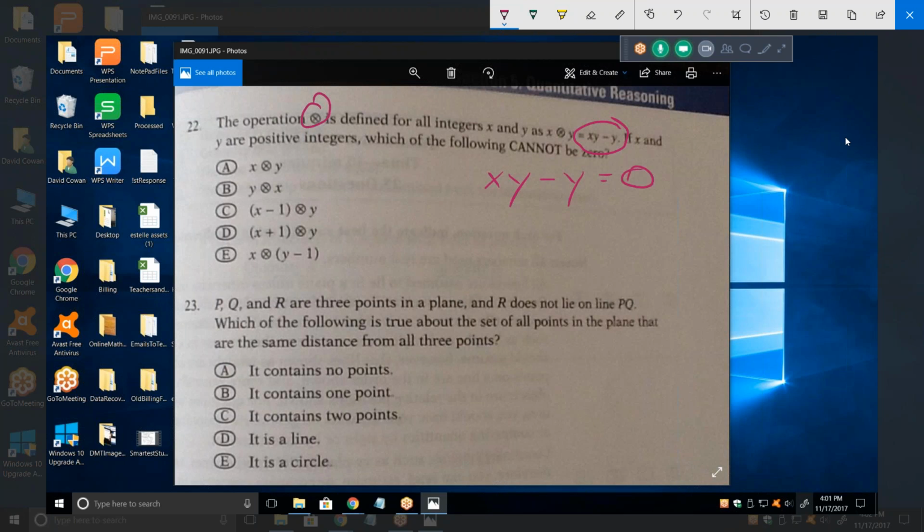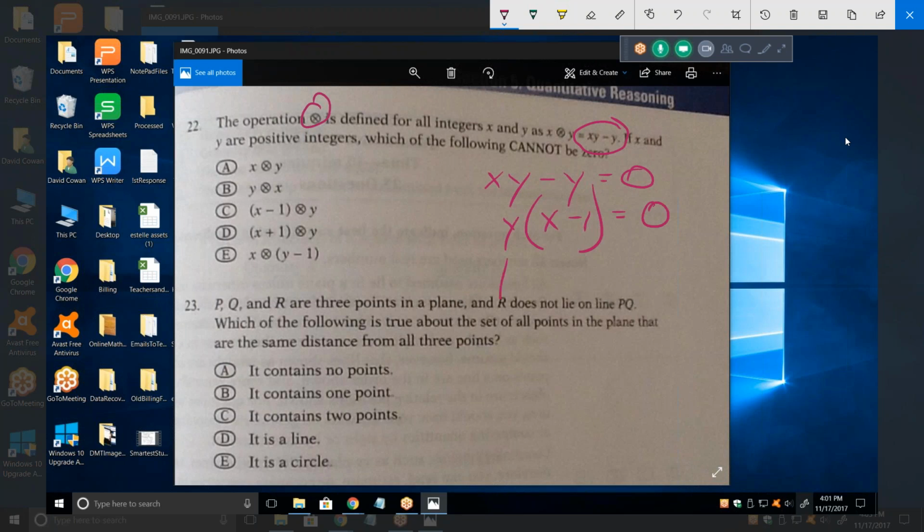What would have to be true for that to be possible? In other words, can this be 0? Oh, I see. Okay. Y minus x minus 1 equals, oh, okay. I understand.